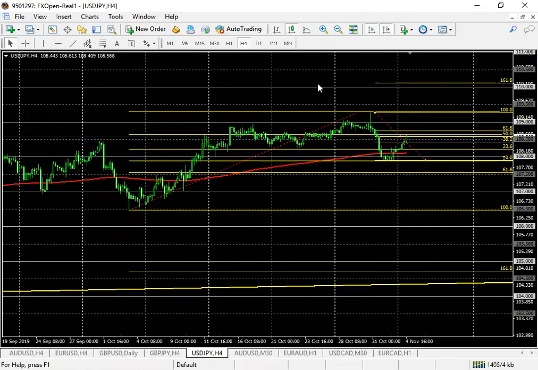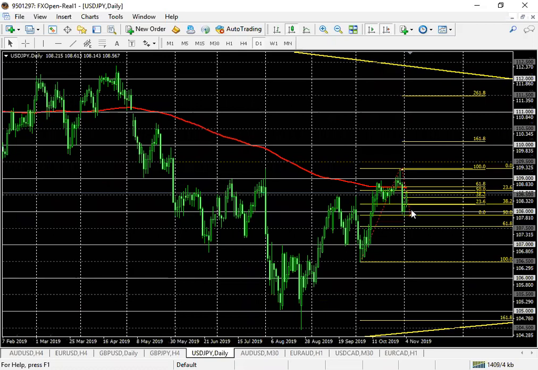Although I'd like to see the market pull back into that zone again in order for us to actually get into the trade. However, if that does not happen, we'd have to wait for a breakout above 109 and the market to pull back in and then extend higher to the upper levels.